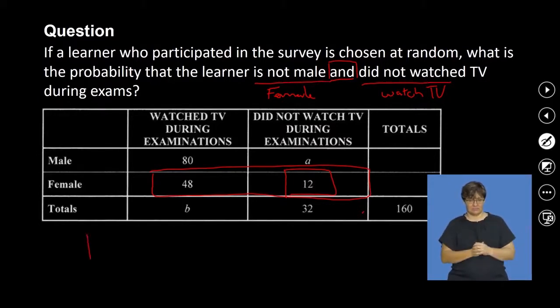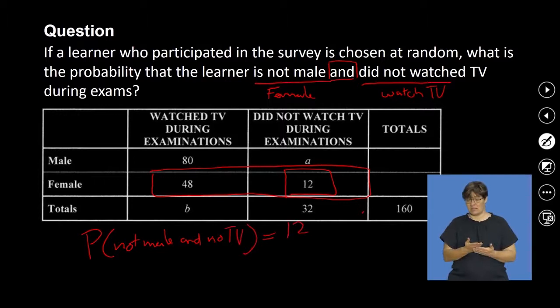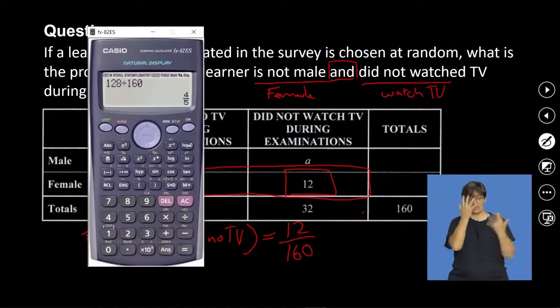So the probability of those that are not male, in other words female, and that did not watch TV, no TV, is going to be 12 out of the 160. If you use the calculator again, we have 12 divided by 160.